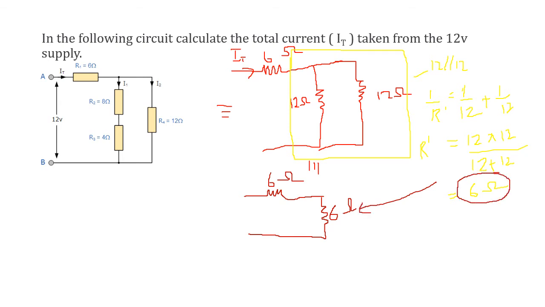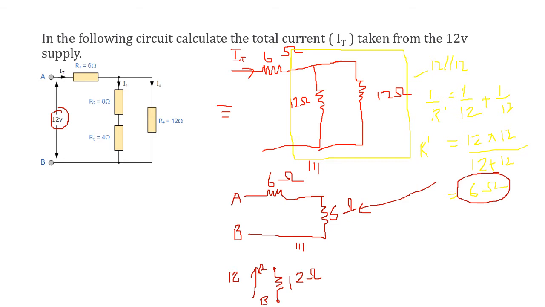Now you can see that the 6 ohm resistor and 6 ohm resistor are connected in series in between point A and point B. Here point A, here point B. So from point A to point B, the equivalent resistance will be 12 ohm. The voltage difference between point A and point B is 12 volts.